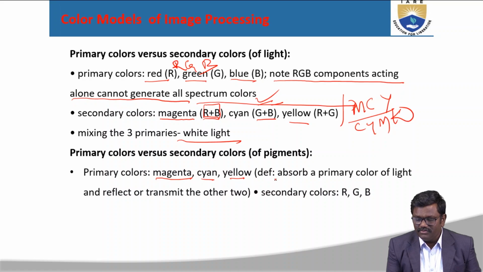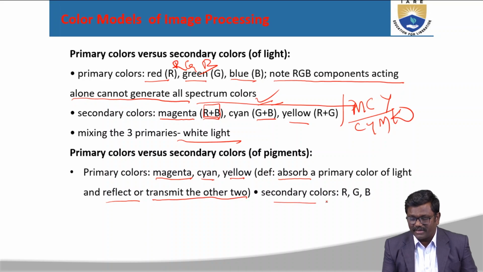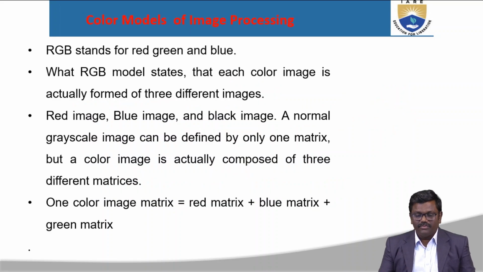In terms of definition, by observing a primary color of light and reflecting or transmitting the other two, we get the secondary colors. So we got this by comparing primary colors versus secondary colors in terms of pigments, which we are concentrating on now.